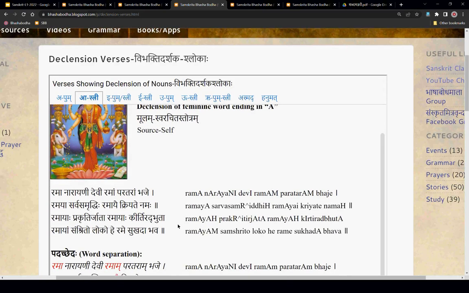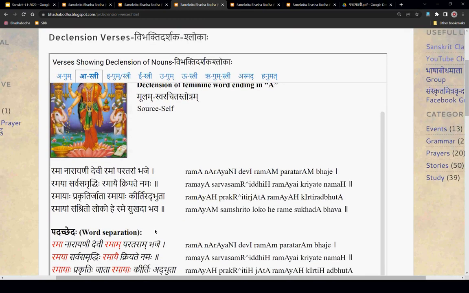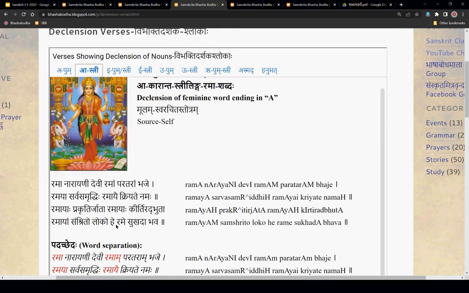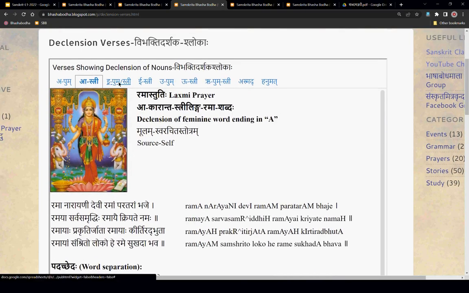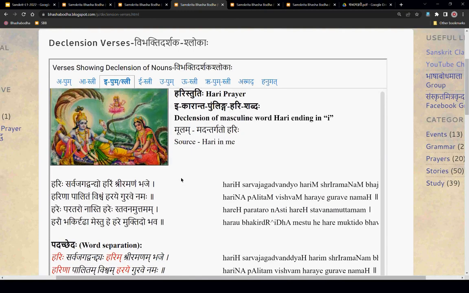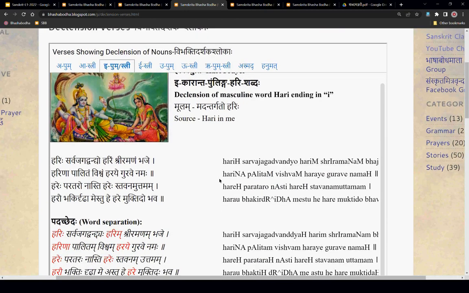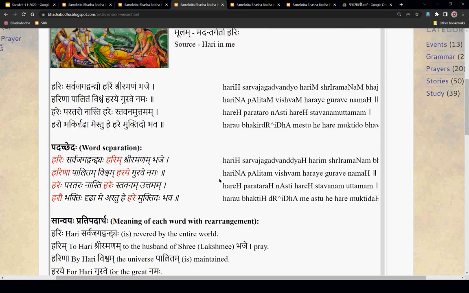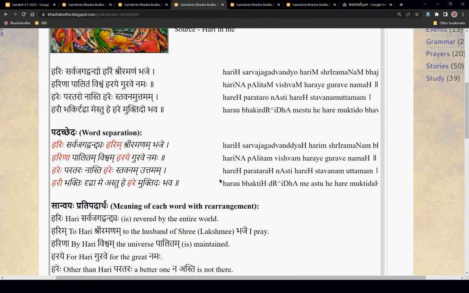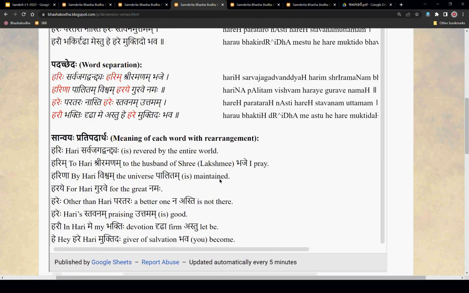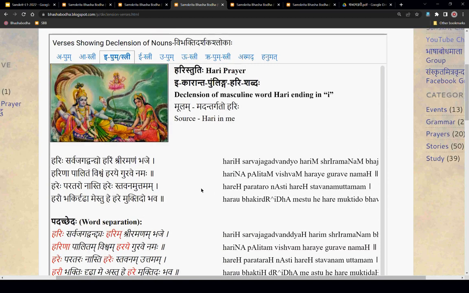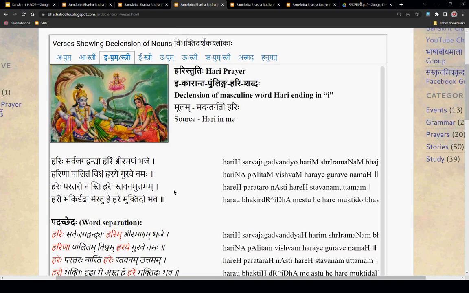Something like that. You can go through this later. Something with Hrasva Ikaranta, Pullinga and Strilinga both. We have Hari, Hrasva Ikaranta, and Strilinga actually follows the same form, so there is no change.